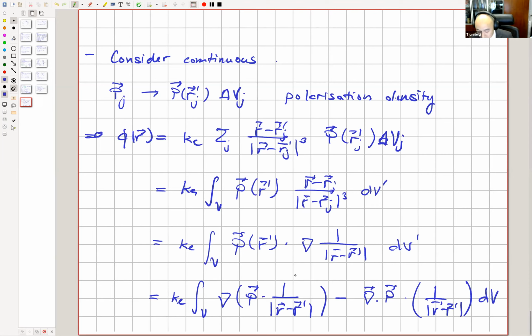We can see that the first term is a divergence integrated over all of space. So I can use Gauss's theorem to change this into a surface integral.